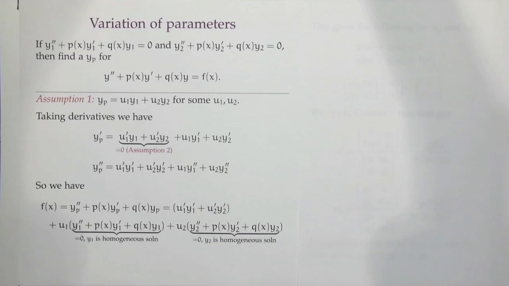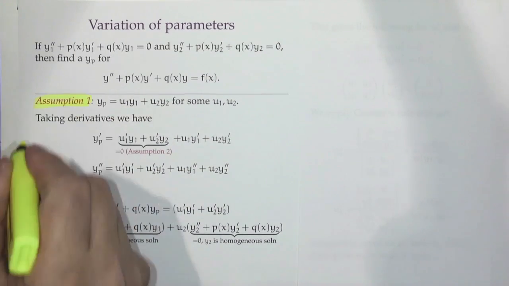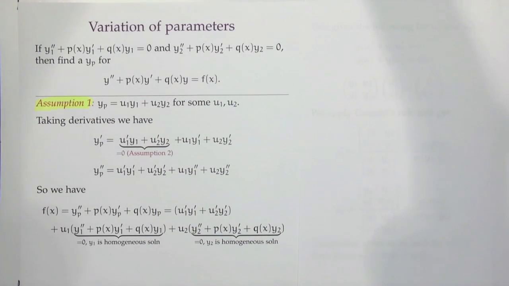All right, so here's how we start. We say, all right, so we have our homogeneous solutions, y1 and y2. We're after our particular solution. So we make our first assumption. Assumption 1. Our particular solution looks like some function, which we call u1, times our first homogeneous solution, y1, plus some function u2 times our second homogeneous solution, y2.